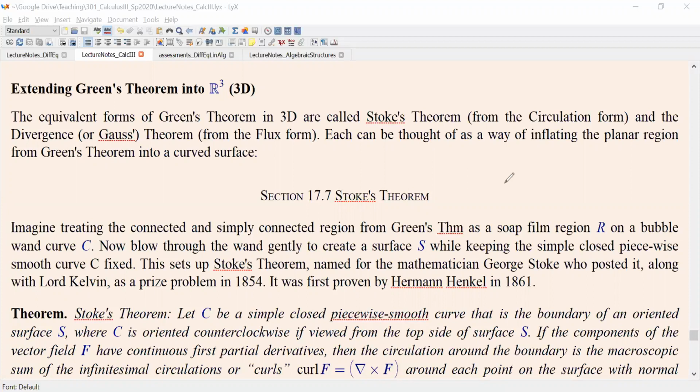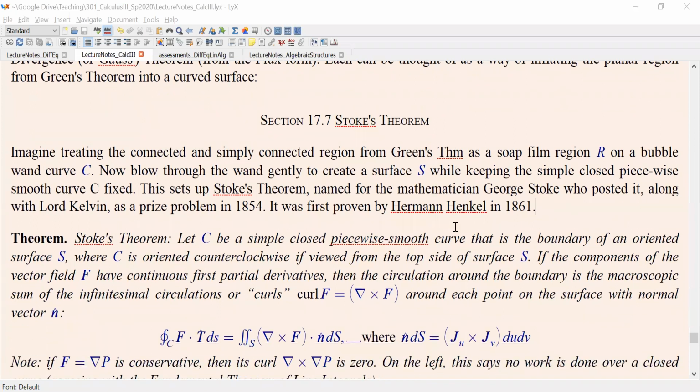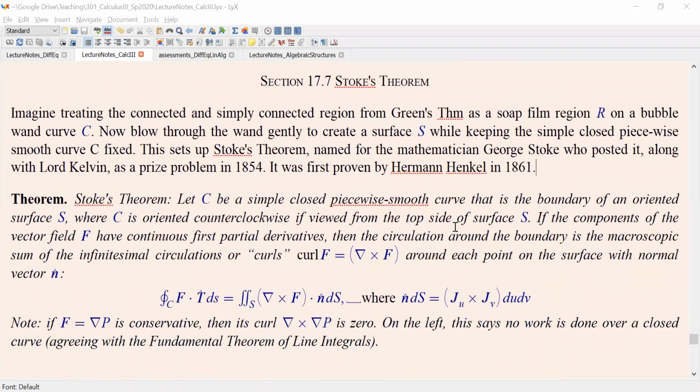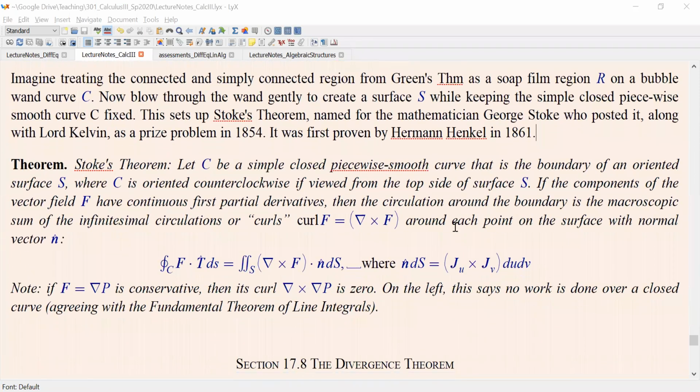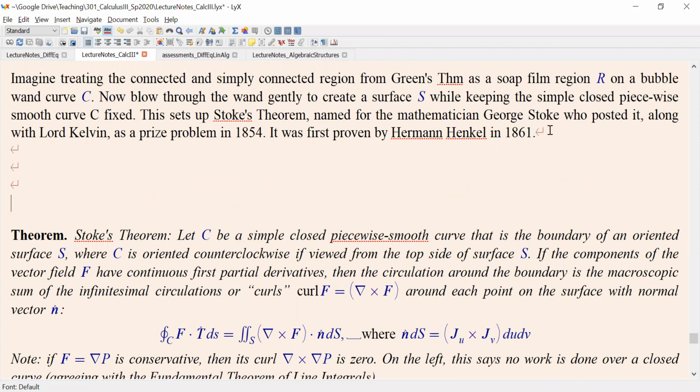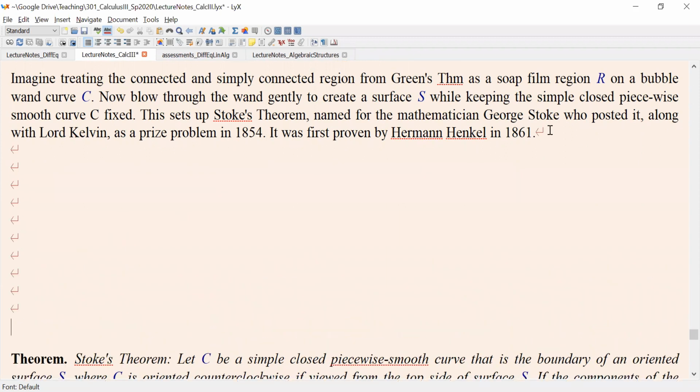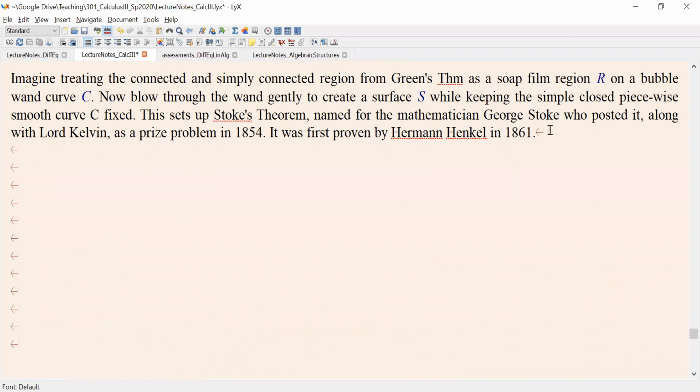I want you to first imagine that you have a bubble wand, and we're going to blow a big bubble. So we first start out with this bubble wand, a little circle.